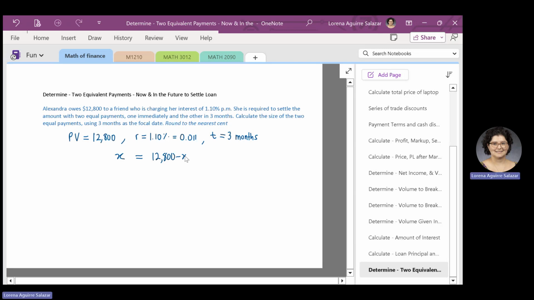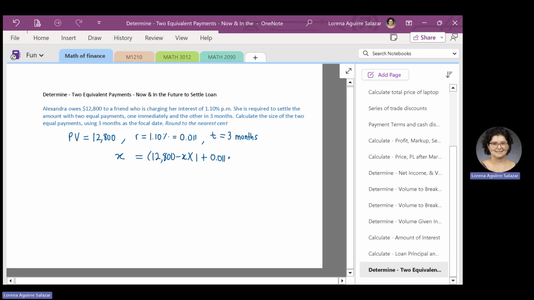After 3 months, she's charged those $12,800 minus X plus the amount of interest that is charged for borrowing that money. The amount of interest comes from multiplying principal, which in this case is $12,800 minus X, by the rate, and then by the time period.